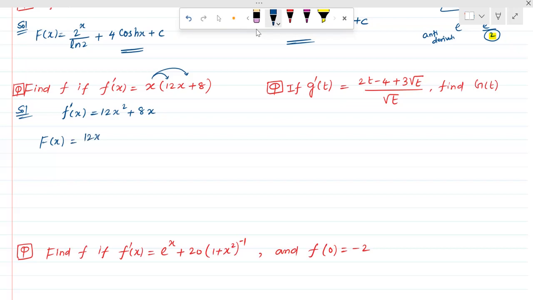It's 12x power 3 over 3 plus 8x square over 2 plus c. Now simplify this part. This is 4 times, again this is 4 times. So the final answer will be f of x given by 4x power 3 plus 4x power 2 plus c. That's it.